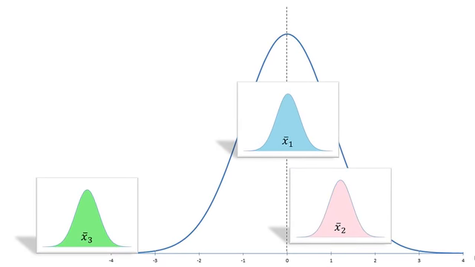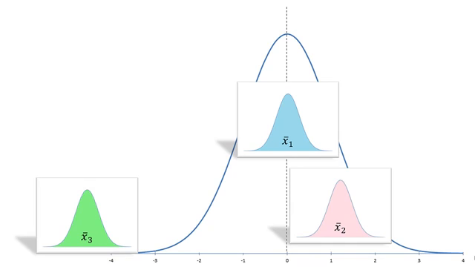Now look at this example. So x bar sub 1 is where it was, right at the middle. X bar sub 2 is a bit to the right. But now look where x bar sub 3 is, our third sample mean. It's way over to the left. So we might conclude that this mean, the third one in the green, is too far away from the others.